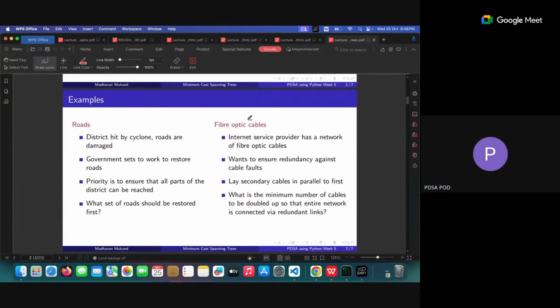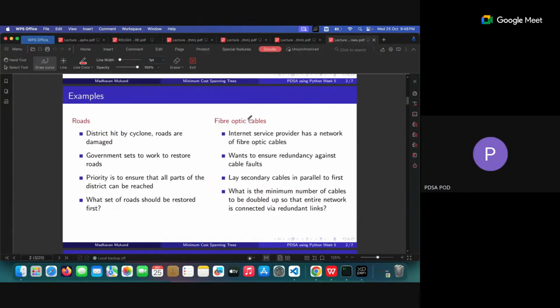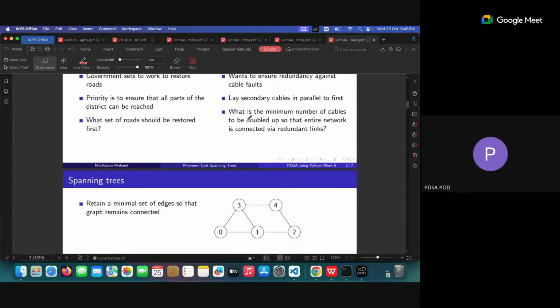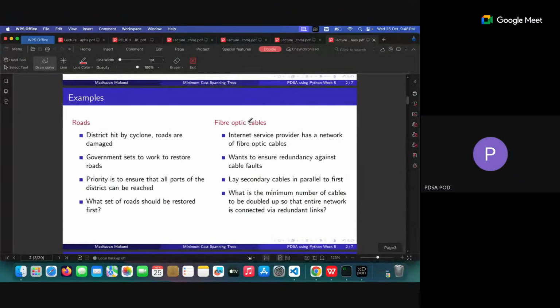Earlier, whenever you think about spanning trees, they talk about what a spanning tree really is. So there is a real-time scenario.